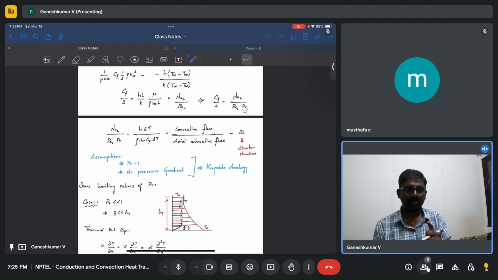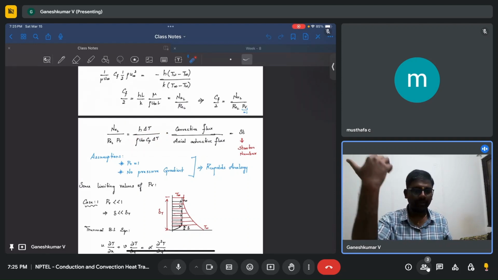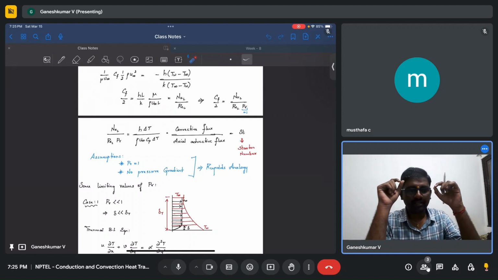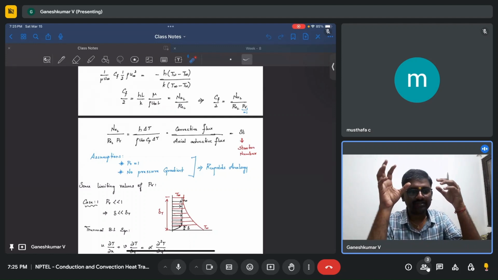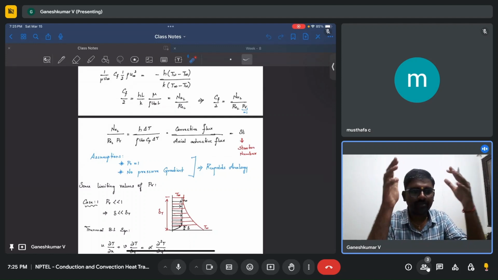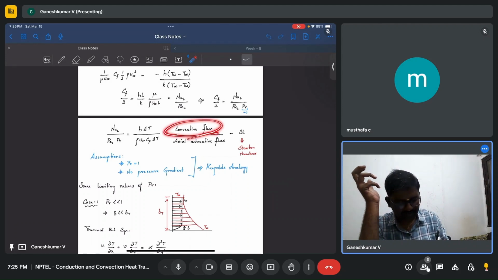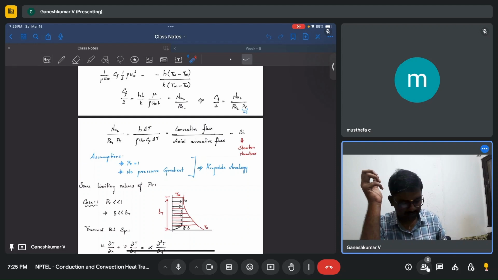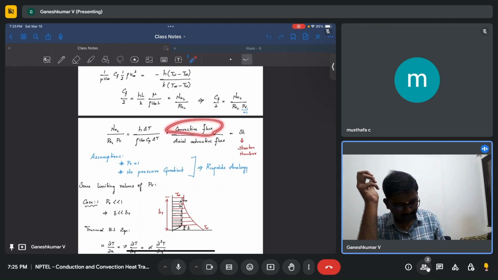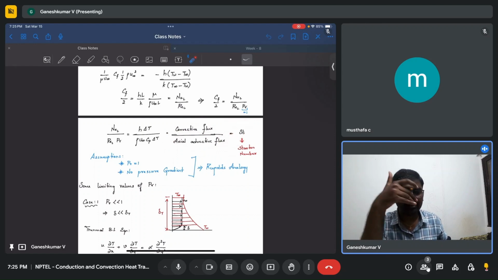The advective flux just tells that this much amount of fluid is flowing, and the convective flux is, while it is flowing, this much amount of heat it is carrying away. Convective flux is nothing but heat transfer due to advection. That is the convective flux by axial advective flux, and that is the Stanton number. Stanton number is Cf by 2.